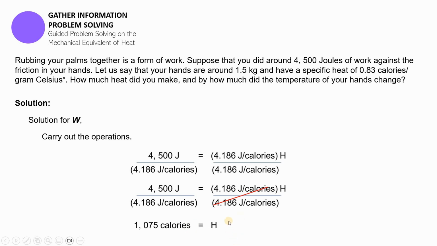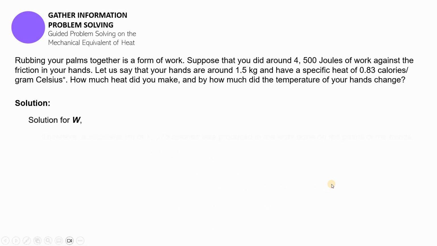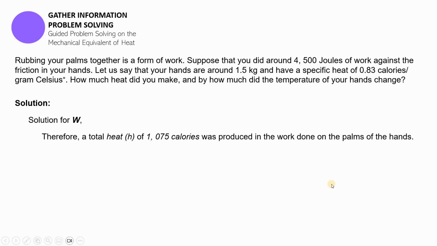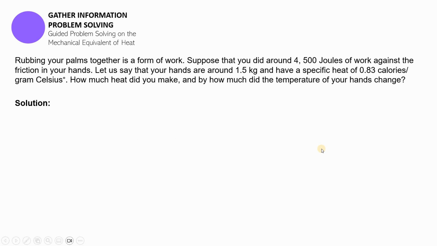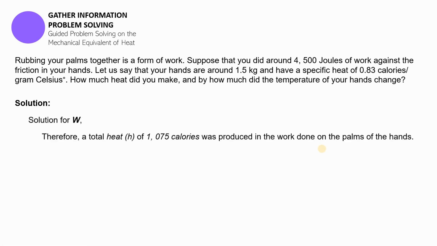Remember that the amount of work done is also equal to the amount of heat that was given to the system. Okay, again, the amount of heat that was produced by the system was 1,075 calories, and that is also the amount of work done by the palm of the hands. I hope that was clear.